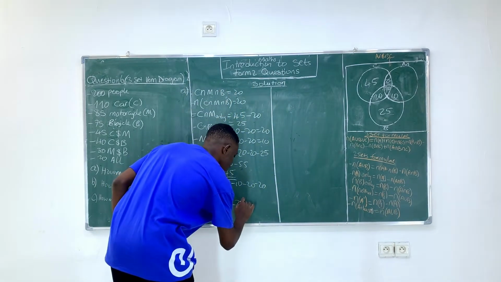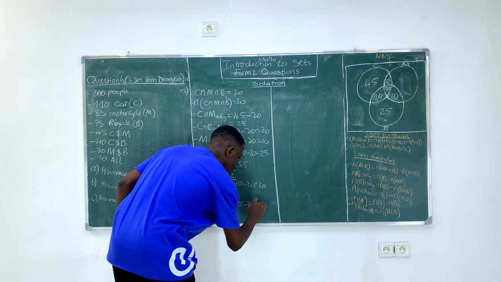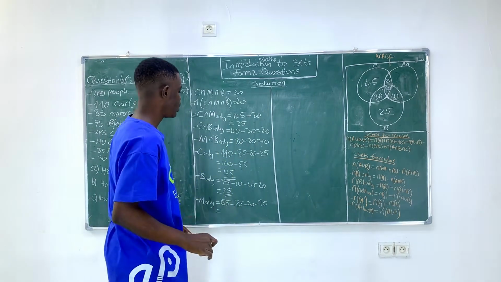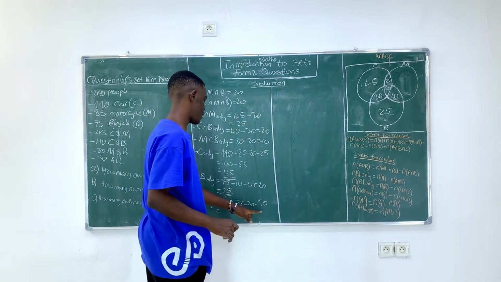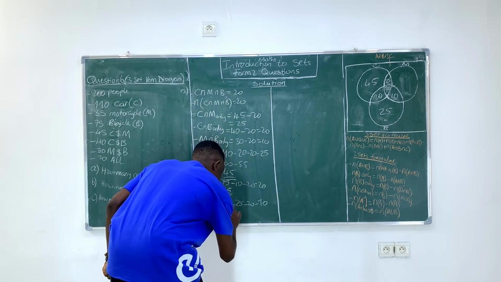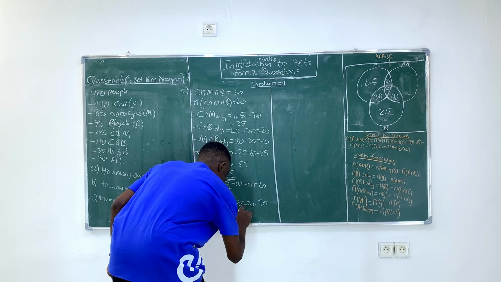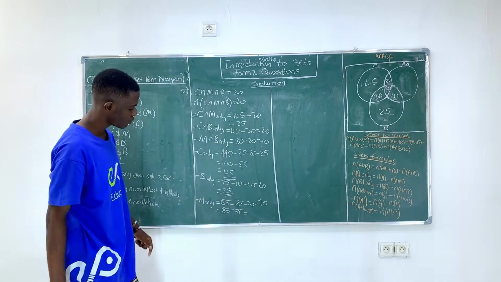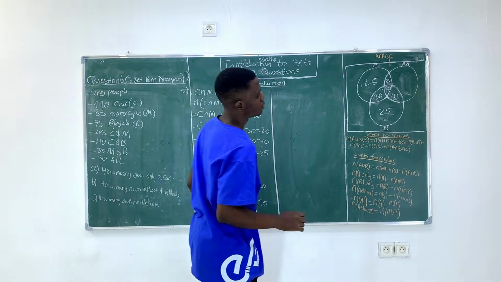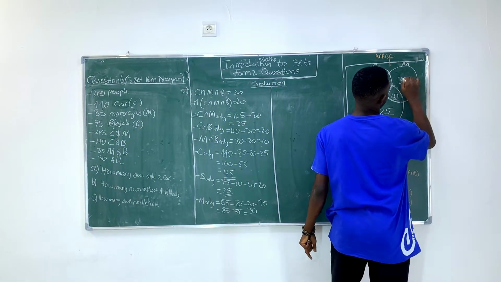So I remove 25, I remove 20, and I remove 10. That is 55, so 85 minus 55 is going to be 30. Alright, M only is 30 here.